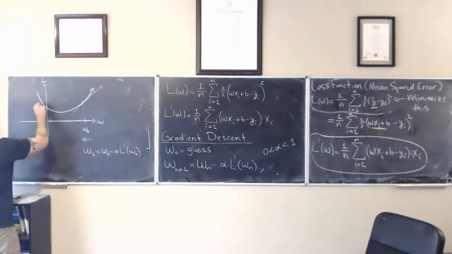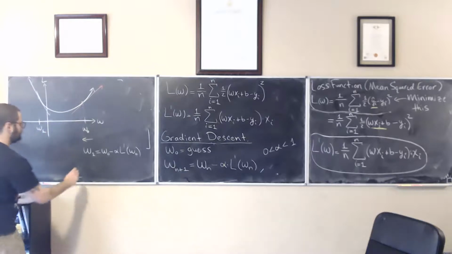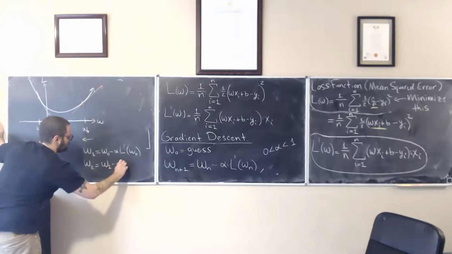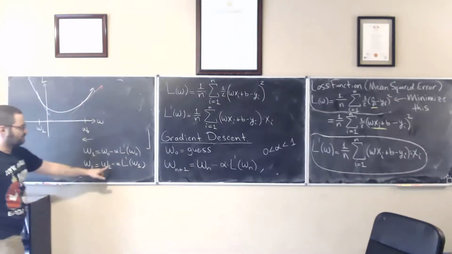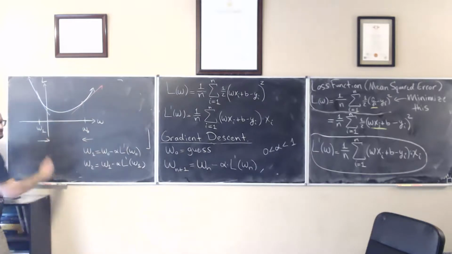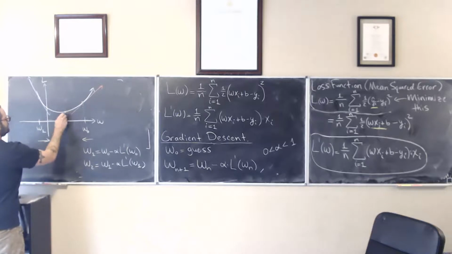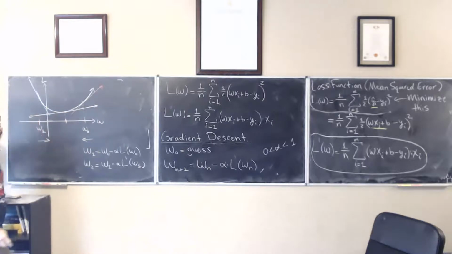But then our tangent line would say this. Now the slope of the tangent line is negative. So if we do weight 2 is equal to weight 1 minus alpha times L prime there, minus and negative means we're adding to weight 1. So we're going that way. Maybe we're right there, and the slope of the tangent line is like that.